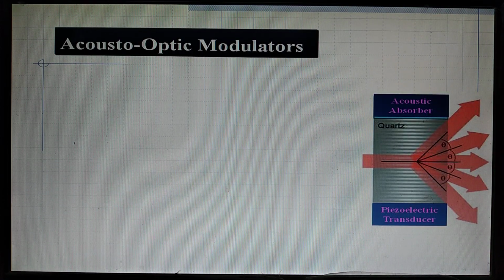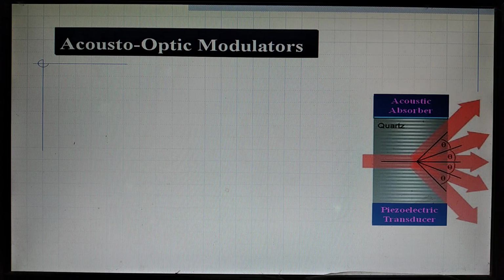Now I am going to discuss the working principle of acousto-optic modulators or acousto-optic shutter. An acousto-optic shutter consists of a quartz crystal attached to a piezoelectric transducer.